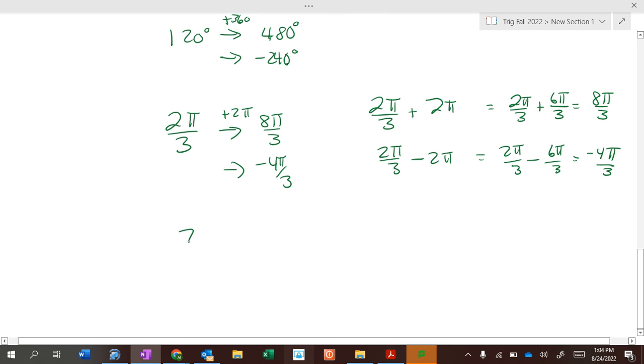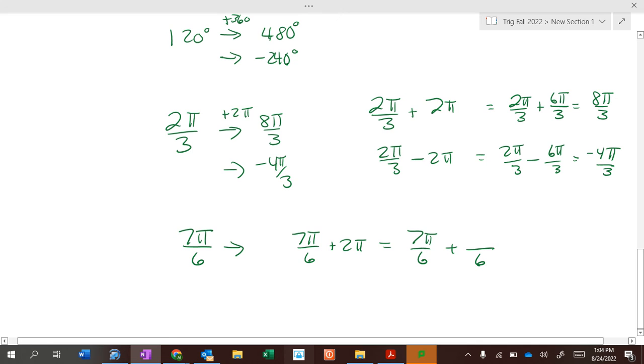Let's say we have 7 pi over 6. What's coterminal with that? Well, what do we add on? 2 pi. So it's 7 pi over 6 plus 2 pi. Well, 2 pi is what over 6? Because we got to get a common denominator.